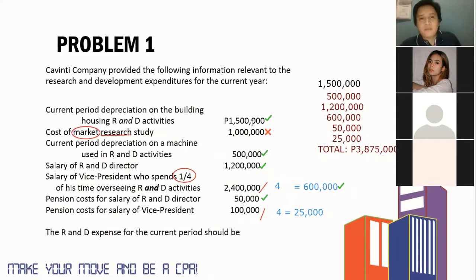Okay? Kasi kung after na yan ng technical and commercial feasibility, then therefore, this would form part of the intangible asset. But since we are being asked magkano ang research and development expense and wala naman data regarding whether it is technically or commercially substantiated na siya or commercially feasible na siya, then therefore, this is the correct answer. 3,875,000.